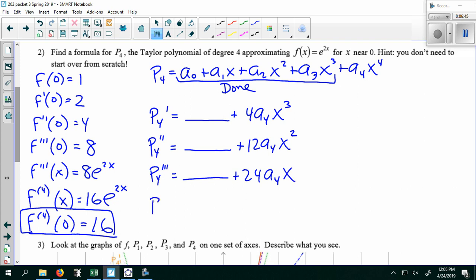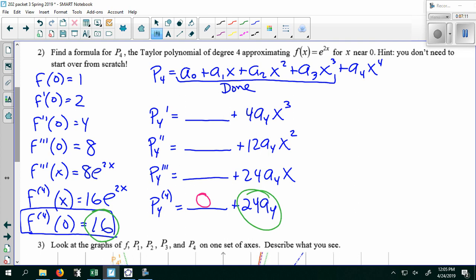And then P4 fourth derivative is some stuff plus 24a4. So to figure out a4, I need to set that equal to that. And when I take the fourth derivative, all the stuff is going to be 0 in my fourth derivative of P4.